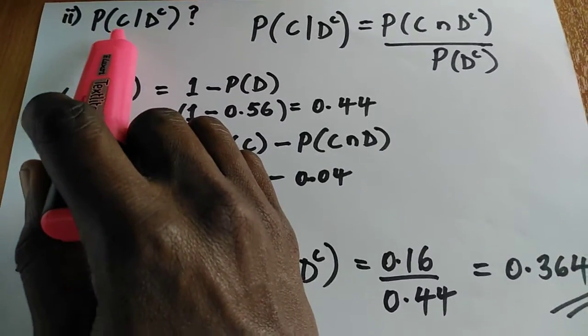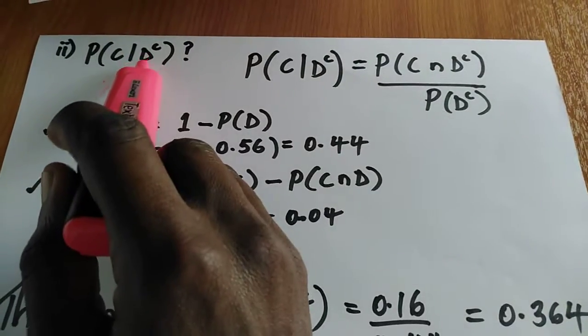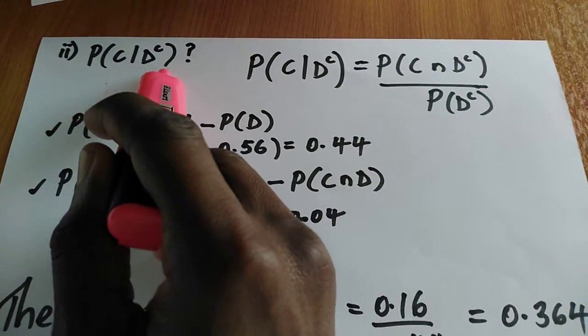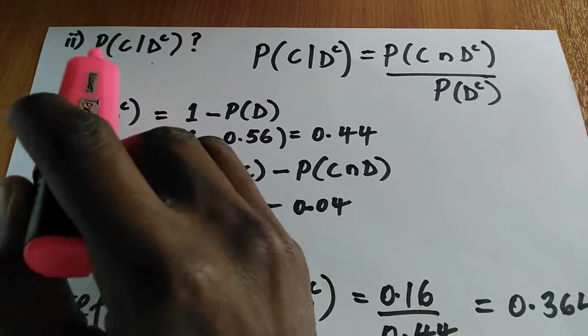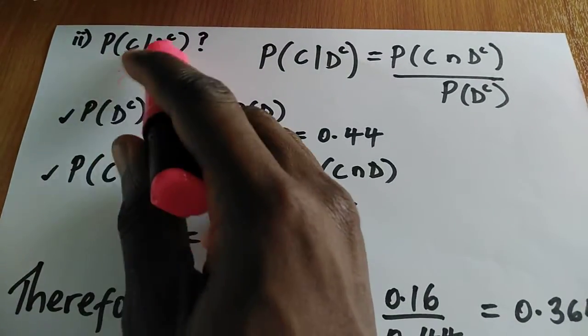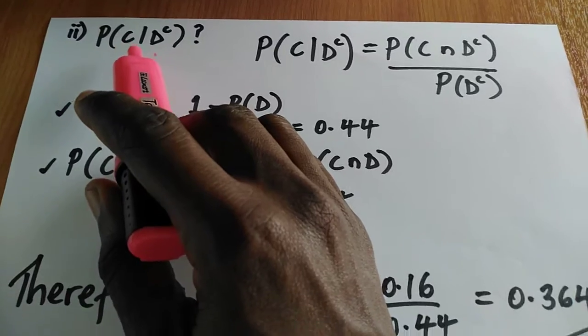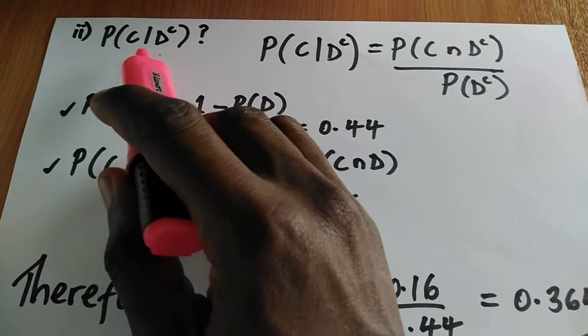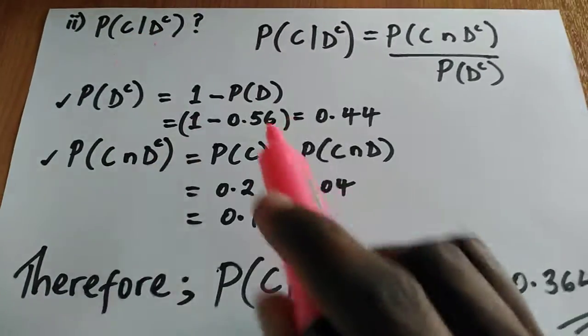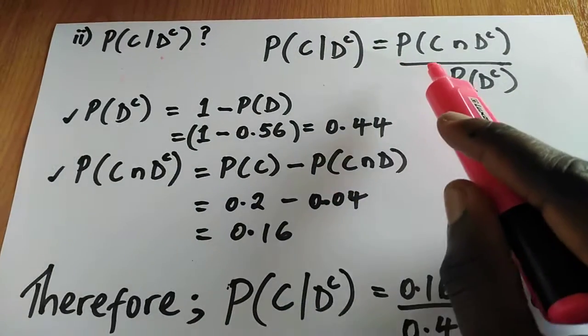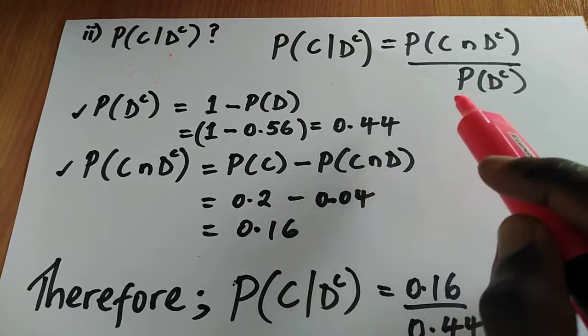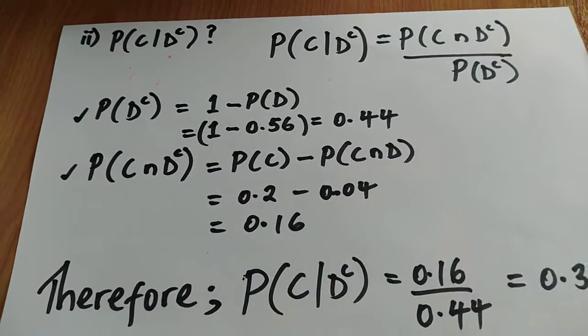D represents chest pain. D complement represents no chest pain. The probability that a person is suffering from disease C given that they have no chest pain is defined as the probability of C intersection D complement over the probability of D complement.